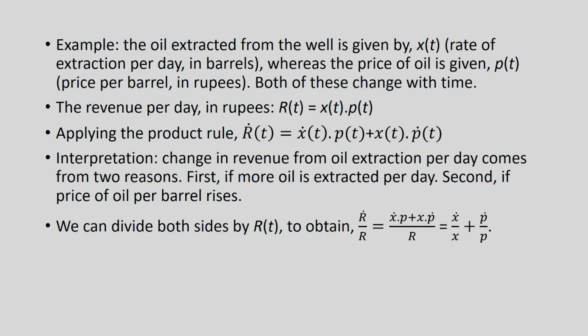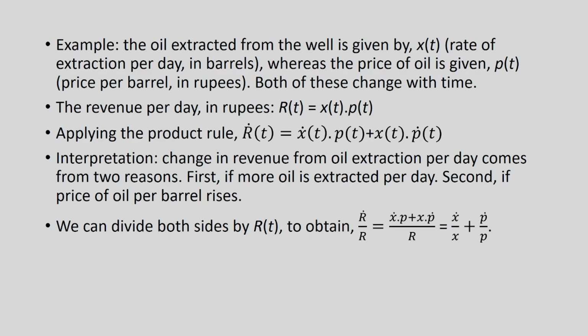Oil is extracted from a well, and suppose it is given by x of t. x of t is the rate of extraction per day in barrels. So, x of t amount of oil is being extracted, whereas the price of oil is given by p of t, which is price per barrel in rupees.